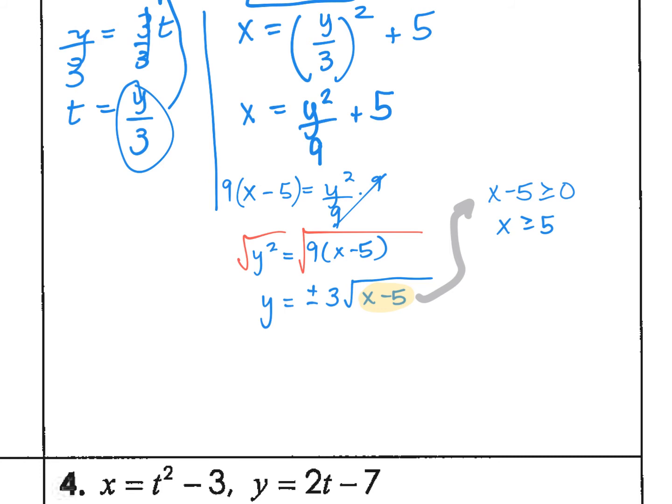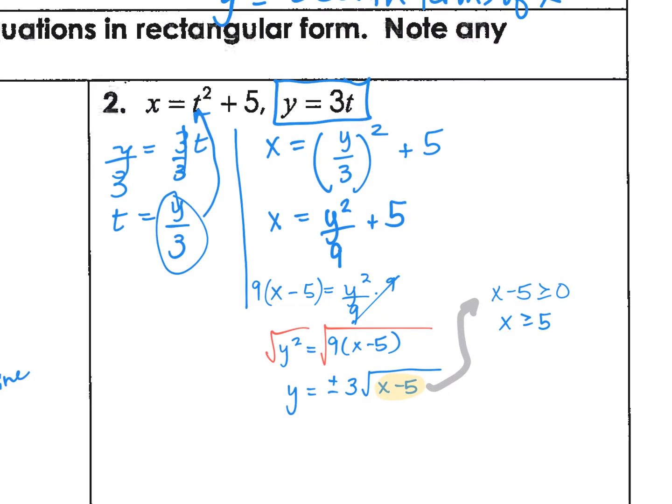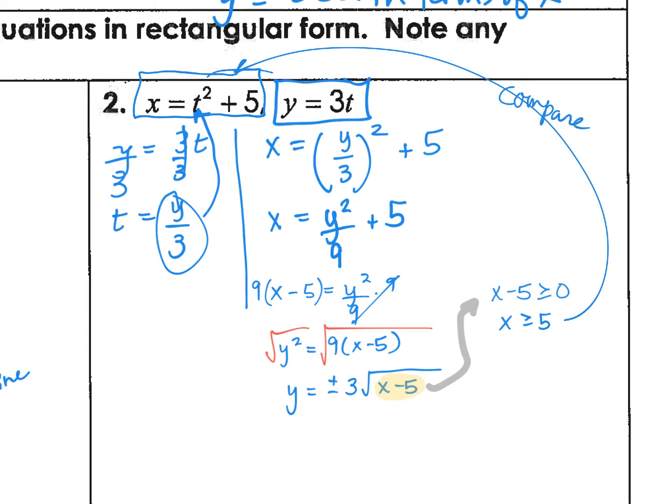All right, but that's the domain restriction for x. What we're really looking for is the domain restrictions for t. So what we do is we look up here and we see, does that affect it? Does x being greater than or equal to 5, I want you to look at this and compare it to this. Is there any value of t at all, looking at that t squared, that is ever going to make x less than 5?